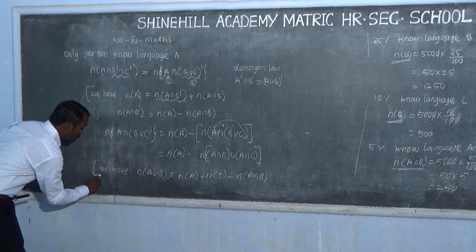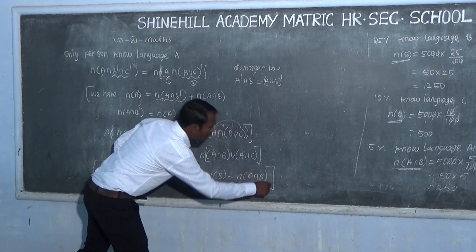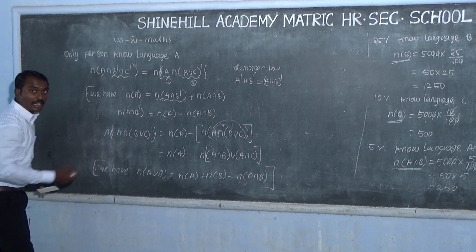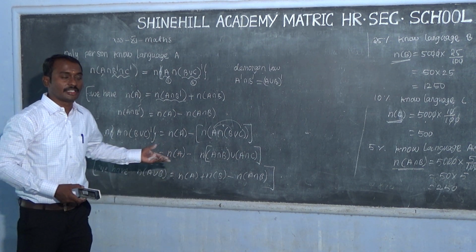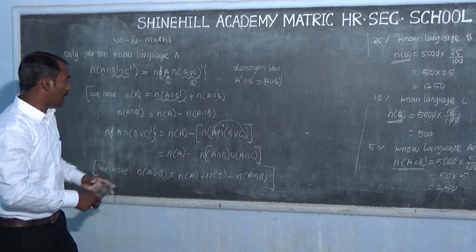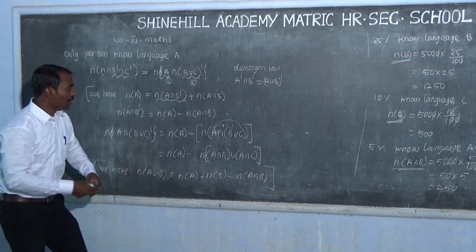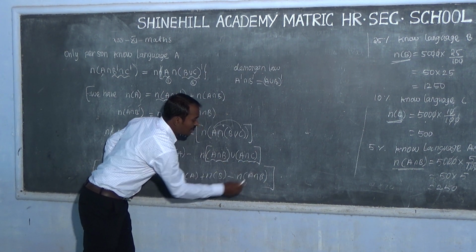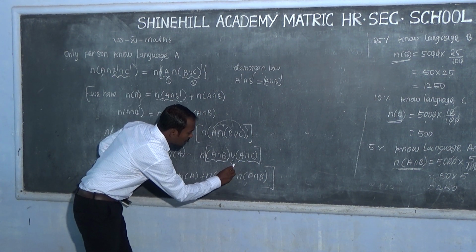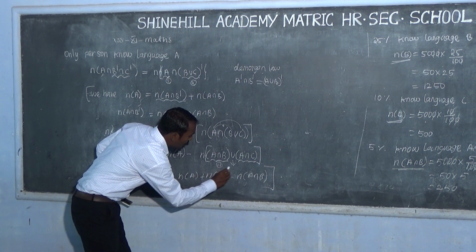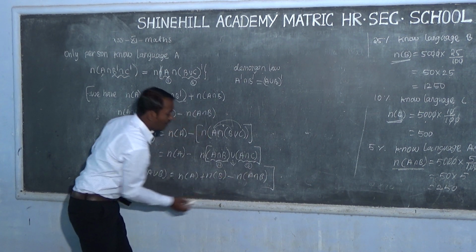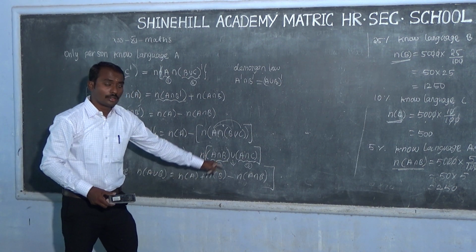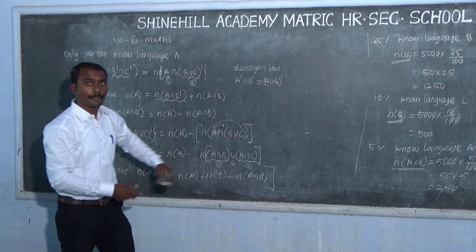This is also a known formula which we studied in the previous section. Here also you consider this is the A part, this is the B part. Use this formula to write the values in here.